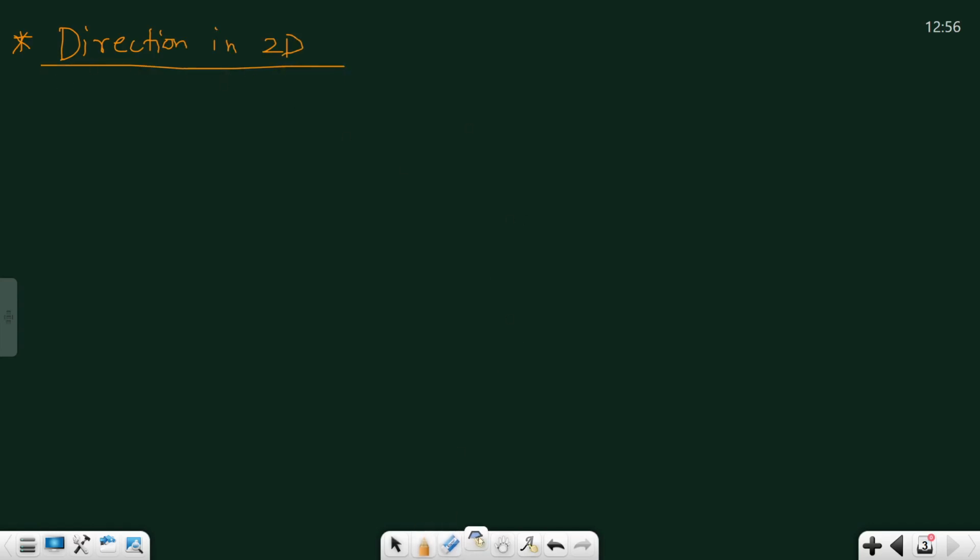As you know that when you see a compass, यहाँ पे डायरेक्शन ऐसे बना रहता है. There is some direction. So this is north, this is south, this is east, and this is west. Okay.